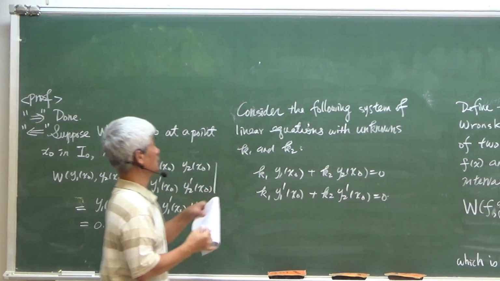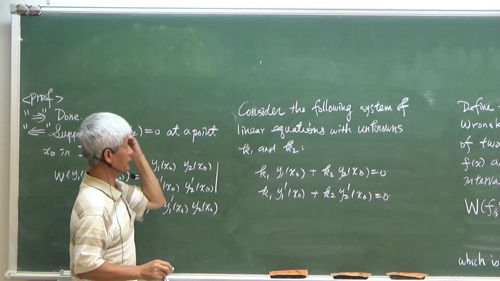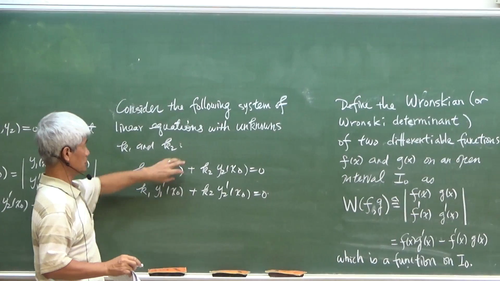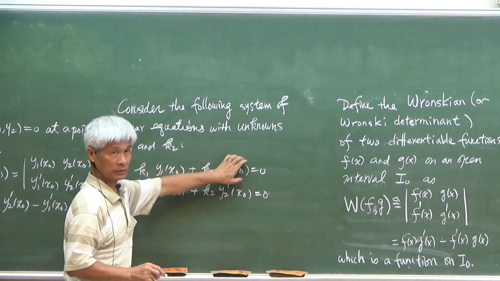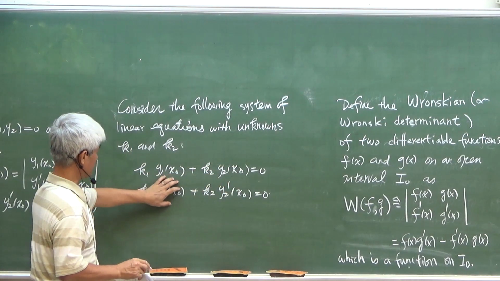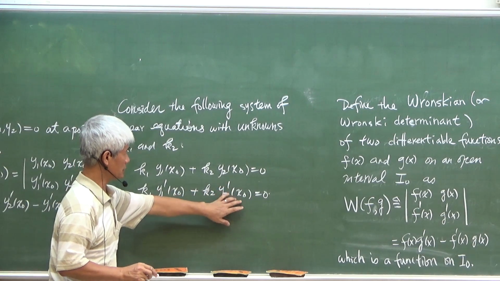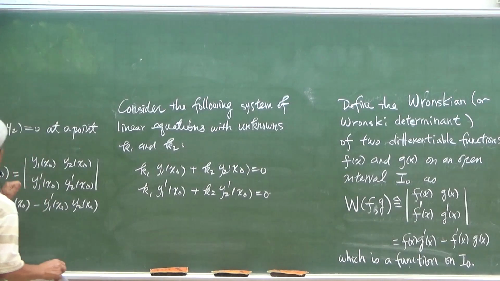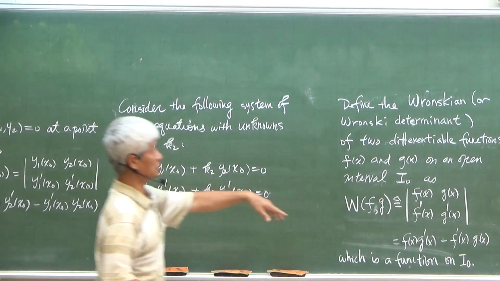So we consider the following system of linear equations. Remember, y1(x0) and y2(x0) are known, and y1 prime(x0) and y2 prime(x0) are all known, right? Because we are given two solutions.